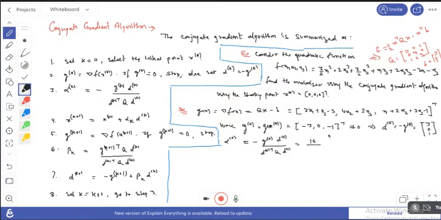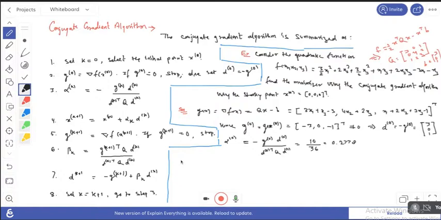This is 10 over, if you multiply this d0 transpose with the matrix and then multiply by d0, this value is 36. So 10 over 36 is 0.2778. This is your step size, the step size alpha 0.